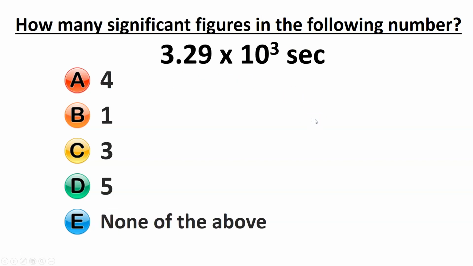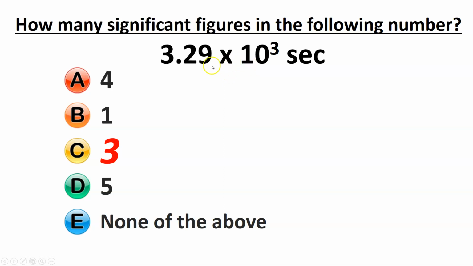All right, let's try this one. This one's a little bit tricky because it has scientific notation in it. This one has 3 significant figures. Our significant figures in a scientific notation are just these ones right here before your multiplication.